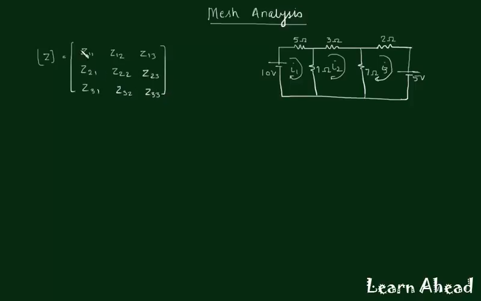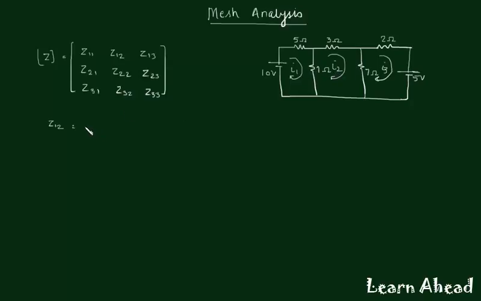Now let's understand the meaning of the elements. Z11 is the impedance of mesh 1, Z22 is the impedance of mesh 2, and Z33 is the impedance of mesh 3. And Z12 is the negative of the impedance common between mesh 1 and mesh 2.